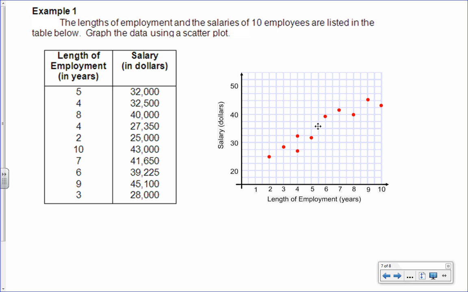Any questions on that? Again, I think we're all capable of making that graph or that display.